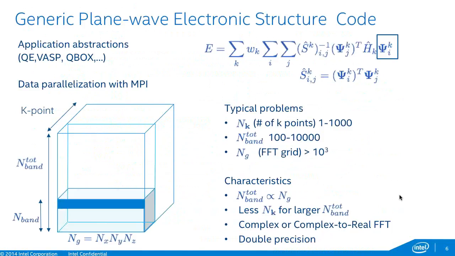And another thing is about the characteristics of these variables. Typically, the number of total bands is proportional to the grid size. So the bigger the grid size, we tend to solve a much bigger problem. That's important to notice. And when the number of bands is very high, we tend to also use much fewer K points.